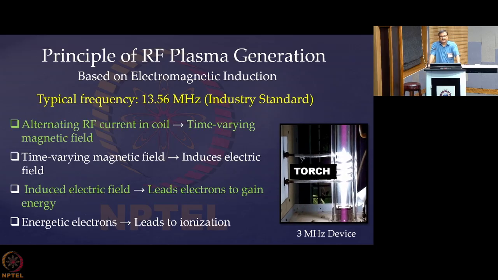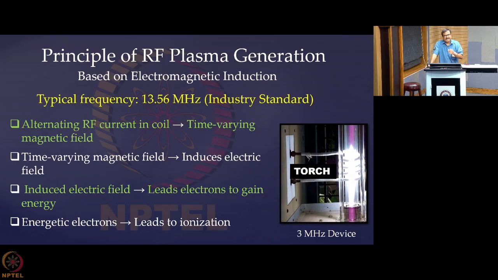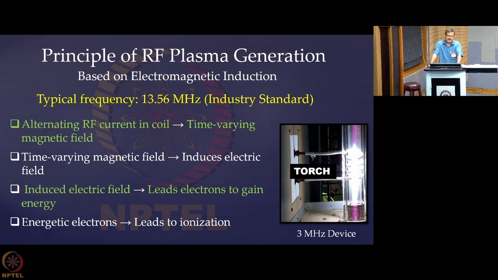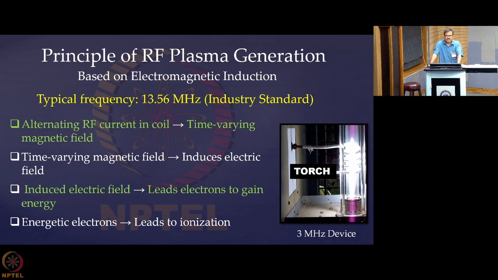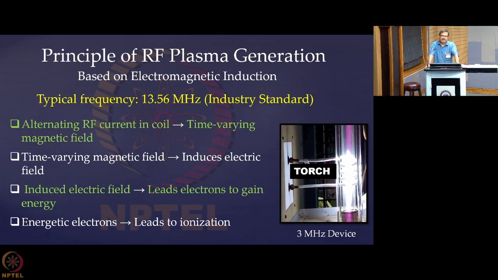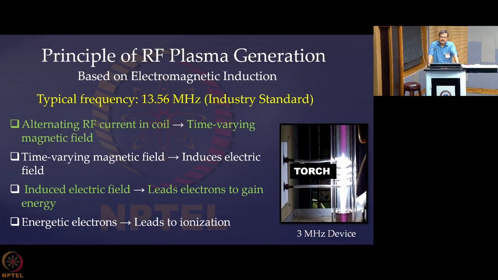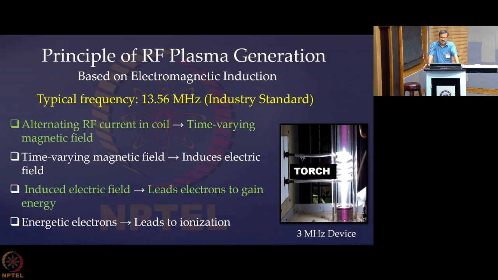So principles of RF plasma generation is summarized over here. You know, there is RF plasma at 13.56 megahertz, that is an industry standard. So these types of sources are available in the market. You can generate other frequencies than this 13.56 megahertz.